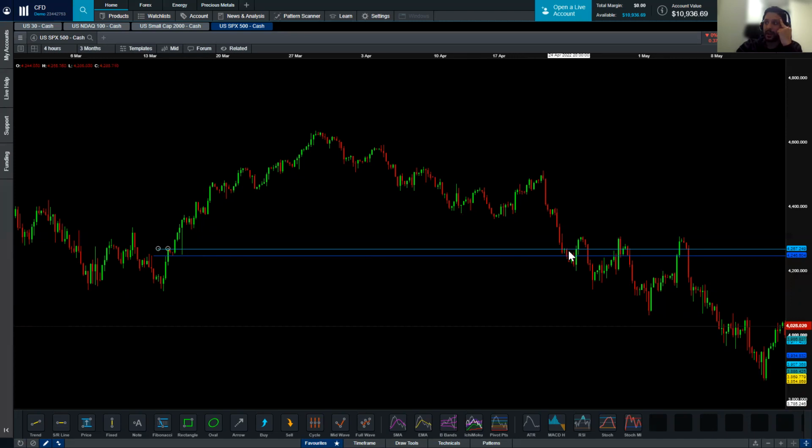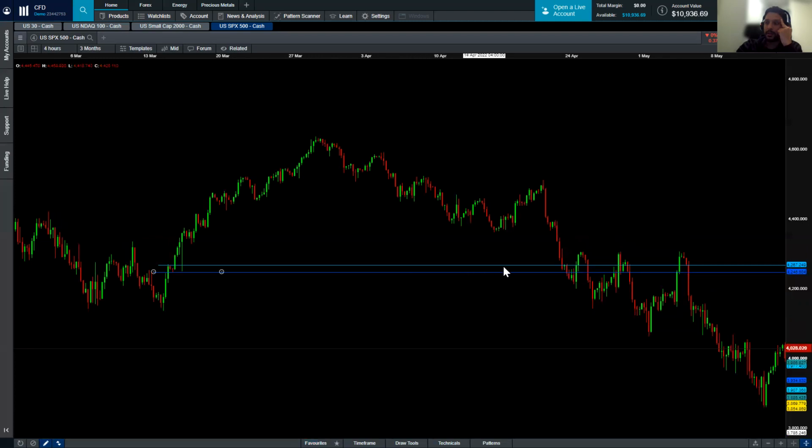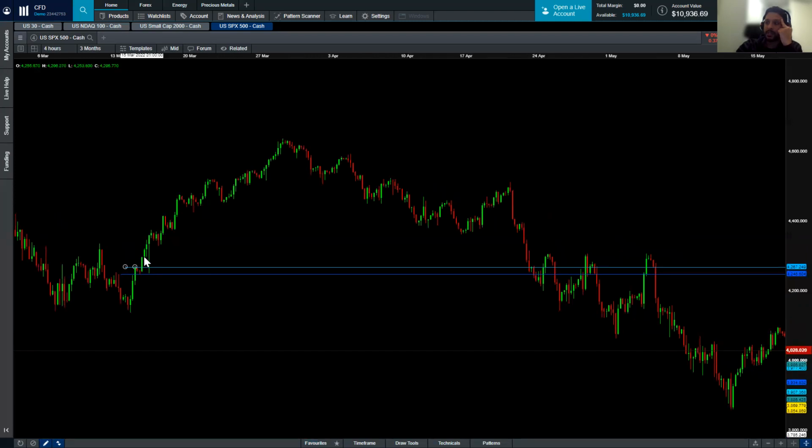Because this is the first time coming back down there, right? Why? Because of this candle. This candle already grabbed all the leftover orders from the first move. So when you see a sharp pullback like this, and then continuation of the rally, this base is gone.